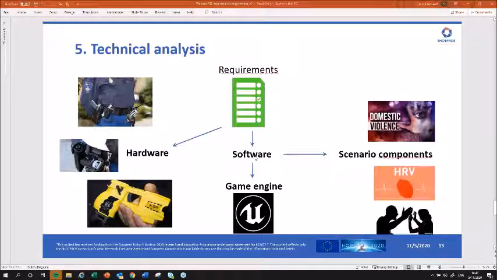Concerning pain, we have in our system requirements that a lot of the users did want that if they made bad decisions, or if they would get hurt during a scenario, they would feel some pain stimulus.